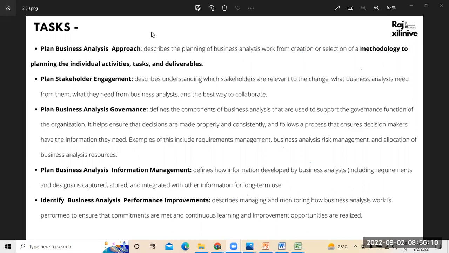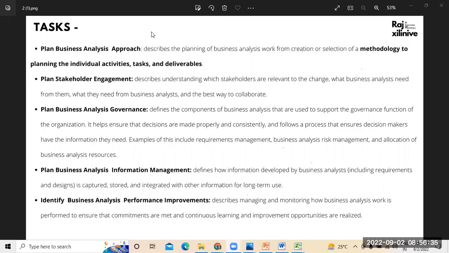So in a single note, when you talk about business analysis planning and monitoring, this is the first knowledge area. First of all, we need to plan the business analysis approach, followed by the stakeholder engagement we have to do. Means we need to identify who, what, and how the stakeholder management is to be done. That should be known. Next, what are the governance mechanisms, standards, and procedures to be followed?